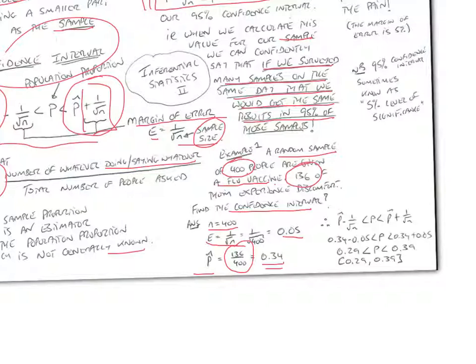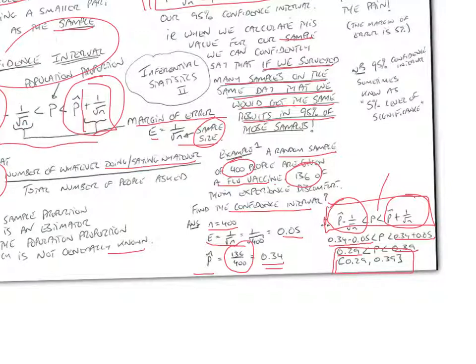So that means that for our 95% confidence interval, if we're trying to work out where the population proportion sits, it's greater than this value here, but less than that value there. So we have p hat, 0.34, minus the margin of error, and p hat plus the margin of error. So that's 0.29 to 0.39. This is our 95% confidence interval.